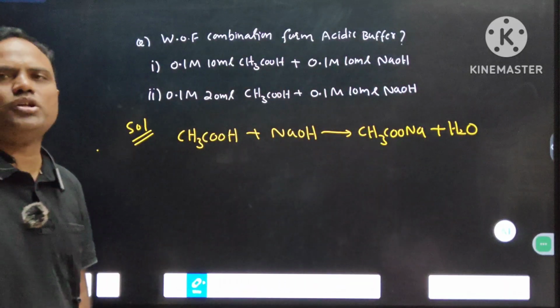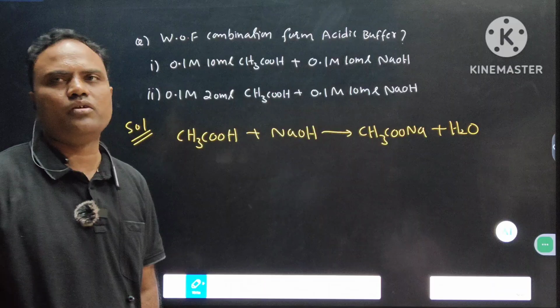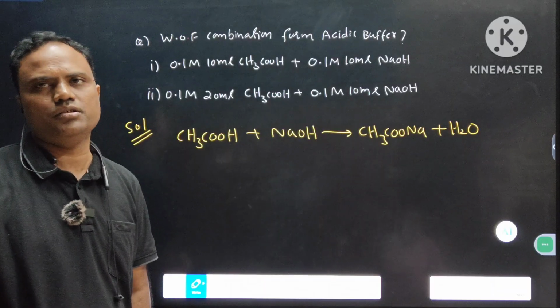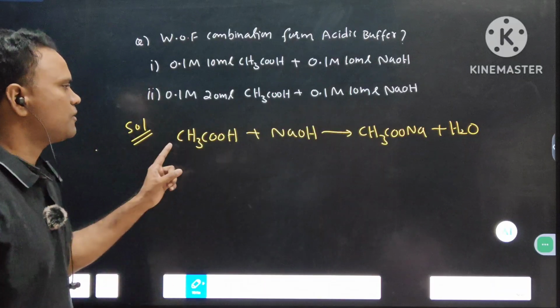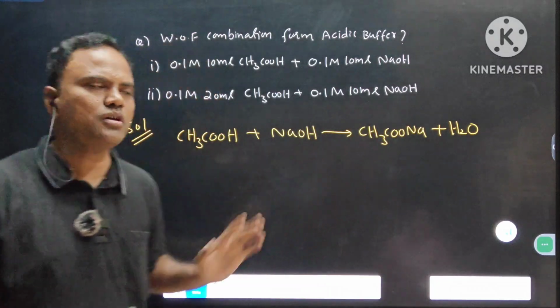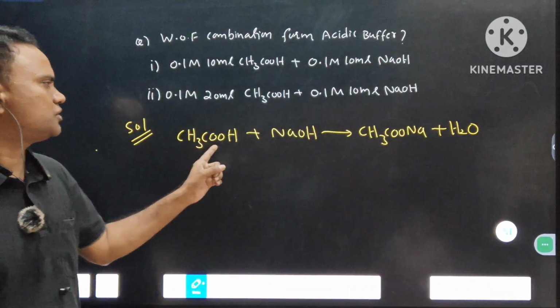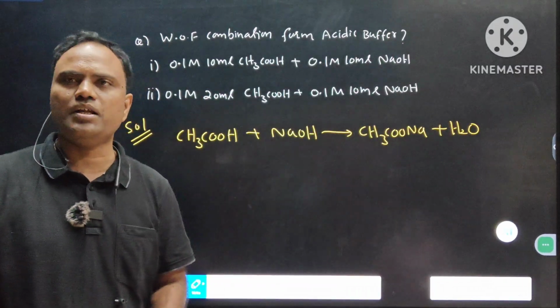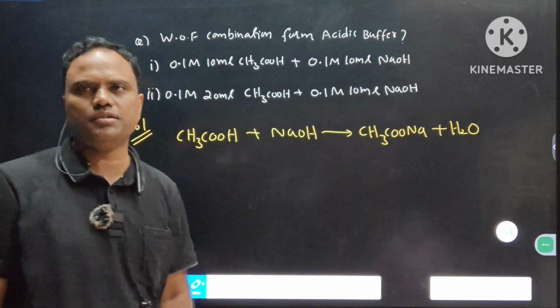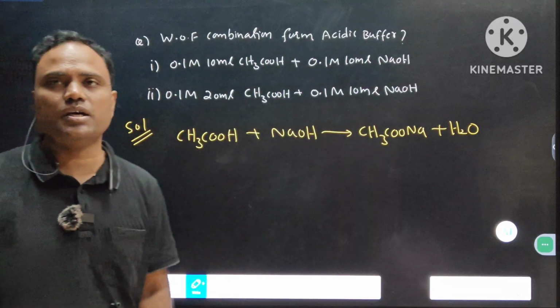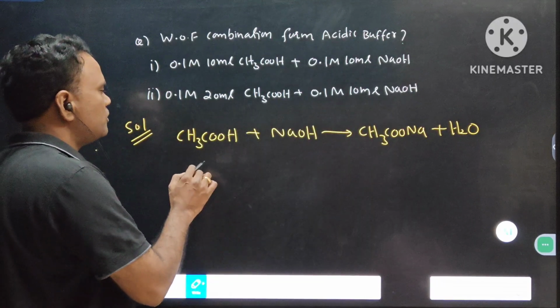Once observe the mole-mole relation. Buffer question related to stoichiometry. Clear? Mole-mole relation. Is this equation balanced or not? Once check. This is a balanced equation. So you need not balance. First check whether the equation is balanced or not. Now what is the mole-mole relation?